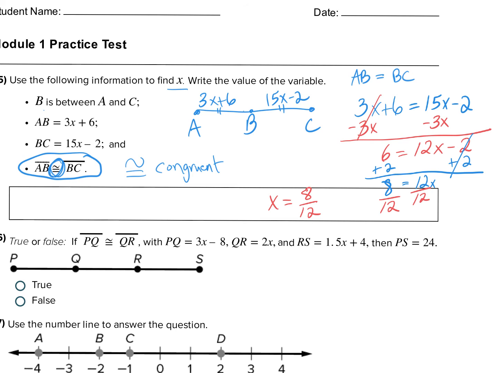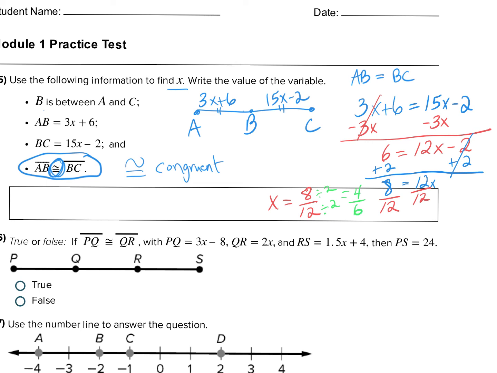So that means I need to divide both the numerator and the denominator by a number that they both have in common. And since these are both even numbers, I can divide both by 2, giving me 4/6.